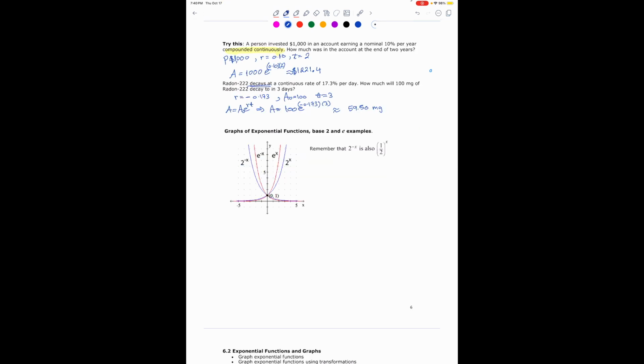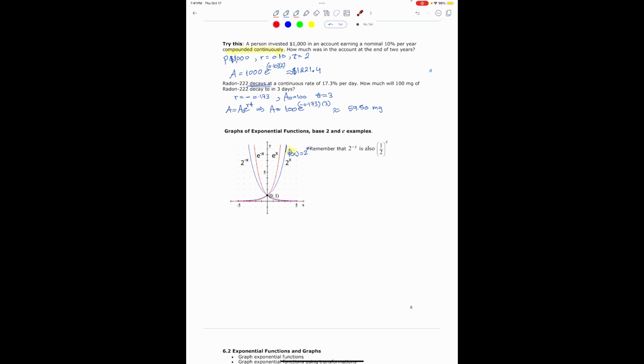Graphs of exponential functions, base 2 and base e examples. So you will see here that we have the function f of x equals 2 to the x power, and this is the graph for it.